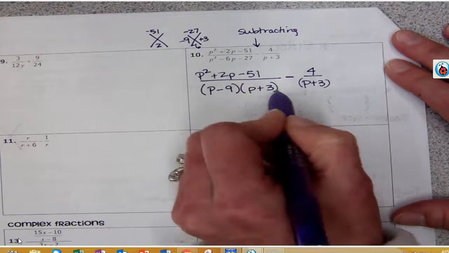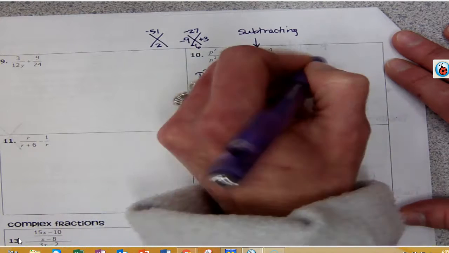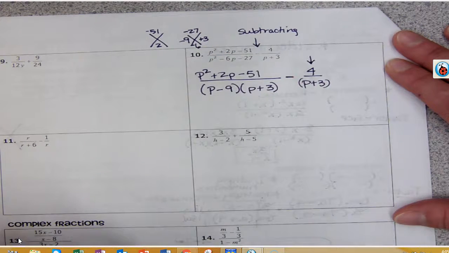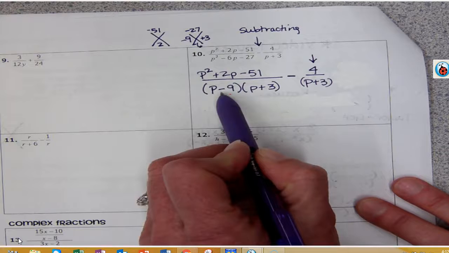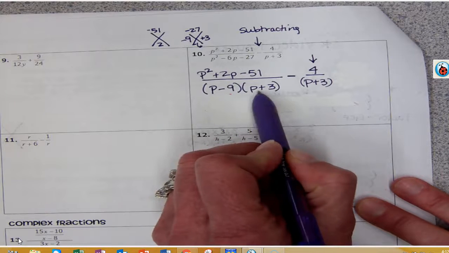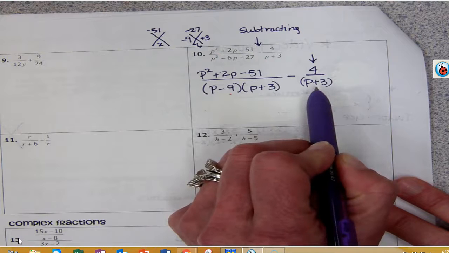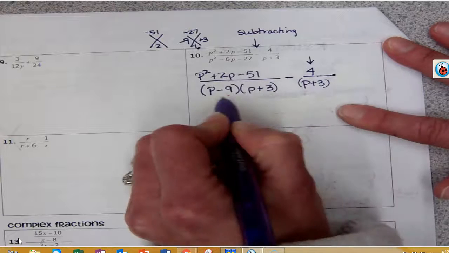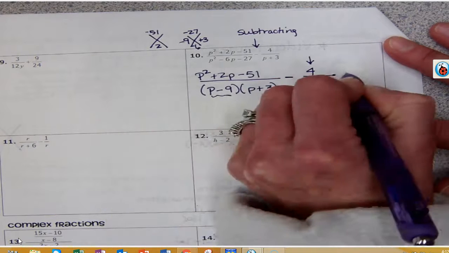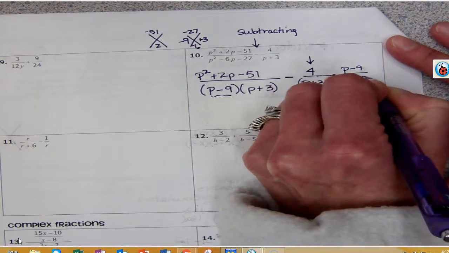So I still do not have a common denominator. So I need to create a common denominator for that fraction. So the common denominator is going to include p minus 9 times p plus 3. This one already has the p plus 3, so I'm going to need to multiply it by p minus 9 over p minus 9.